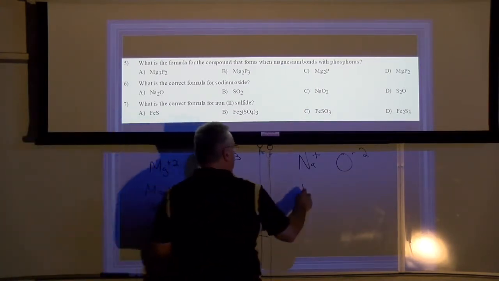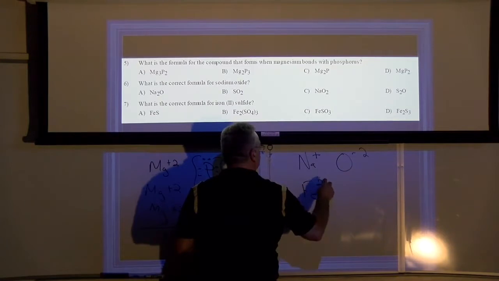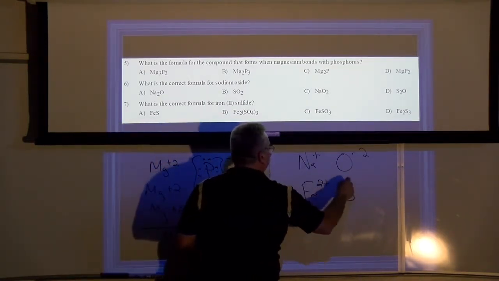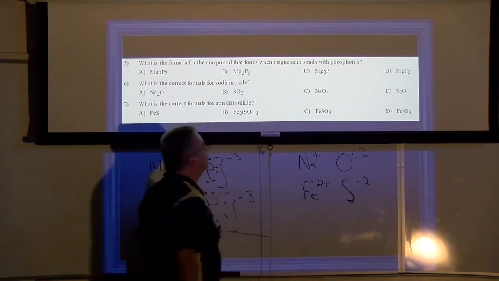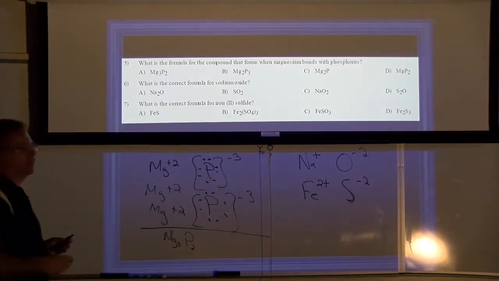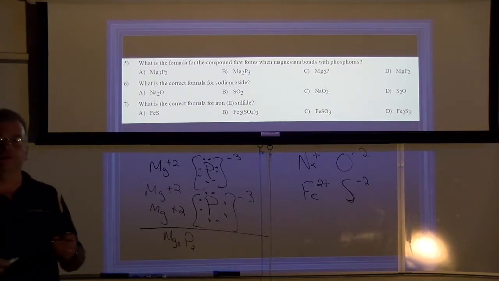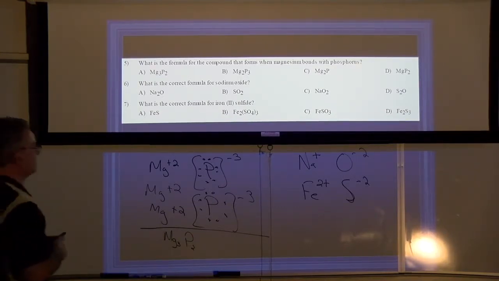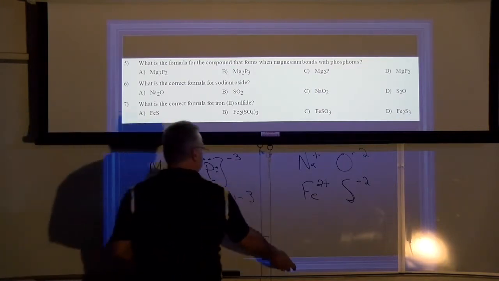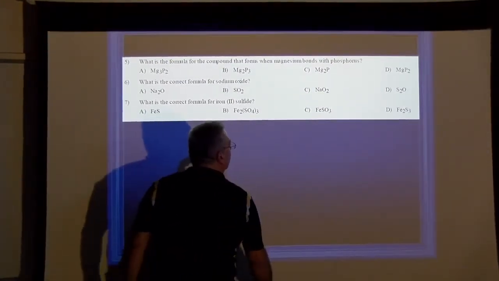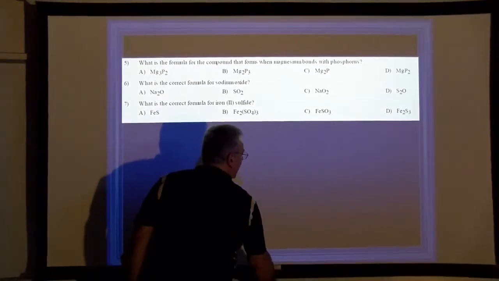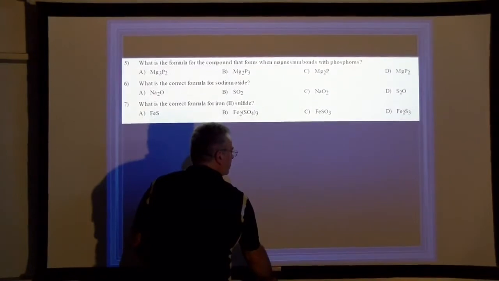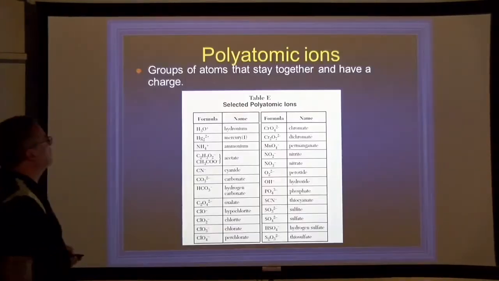Okay, so I got iron with a +2, and sulfide on my periodic table has a -2. Which formula would work? Choice 1 is correct. The majority says it's choice 1. See? It takes practice, and sooner or later it all comes back to you. But that's how you deal with the ionic compounds and the ionic formulas.